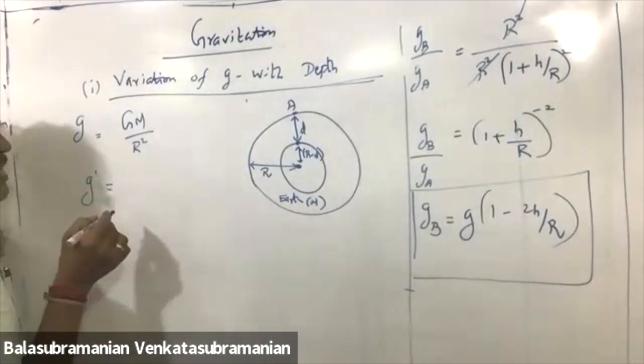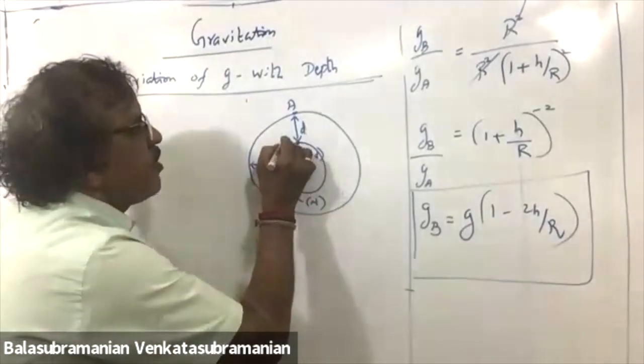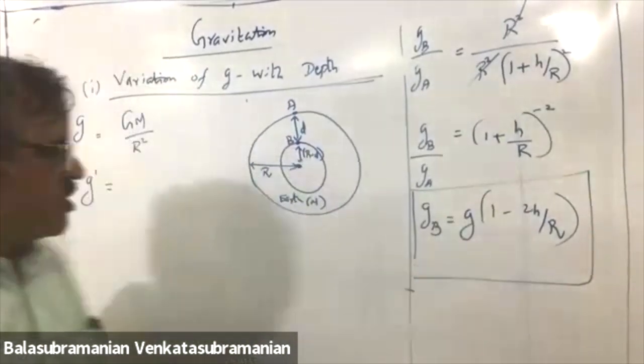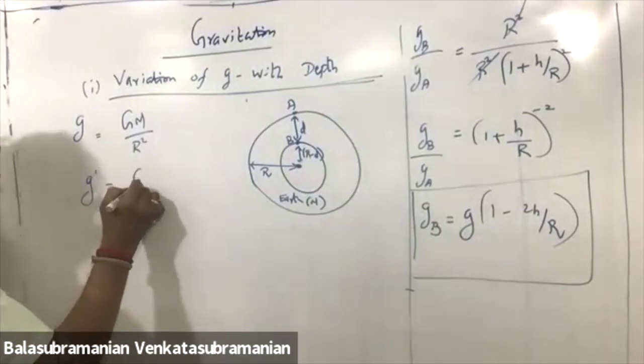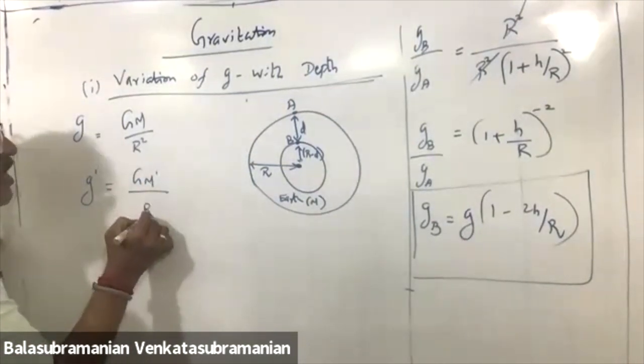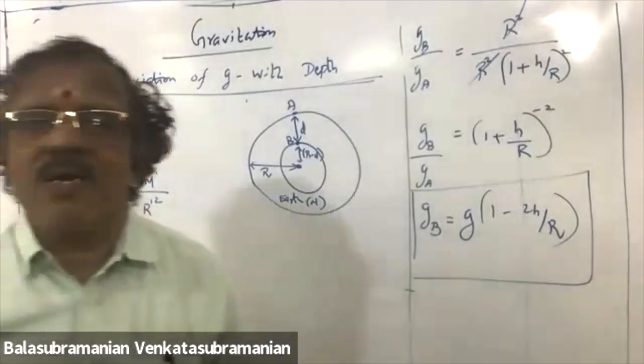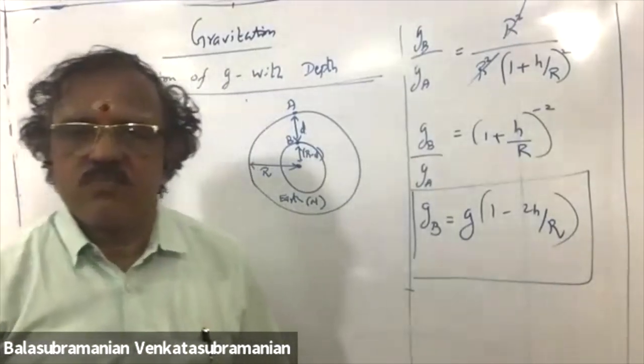g at a depth, this point B, g dash we will take as GM dash by R dash square. Sir, why are you putting M dash? Mass is a constant, definitely.